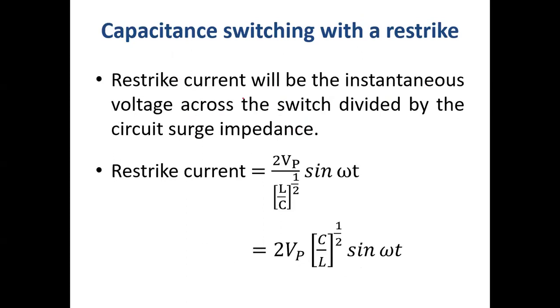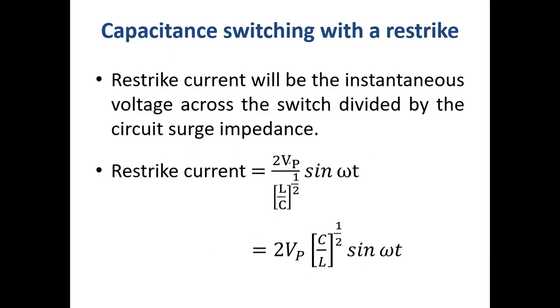Now, the restrike current will be the instantaneous voltage across the switch divided by the surge impedance. Here, in order to calculate the restriking current, the formula is the voltage across the switch divided by the surge impedance. Surge impedance is nothing but square root of L by C. So the voltage is 2 into Vp into sine omega t, where Vp is the peak voltage.